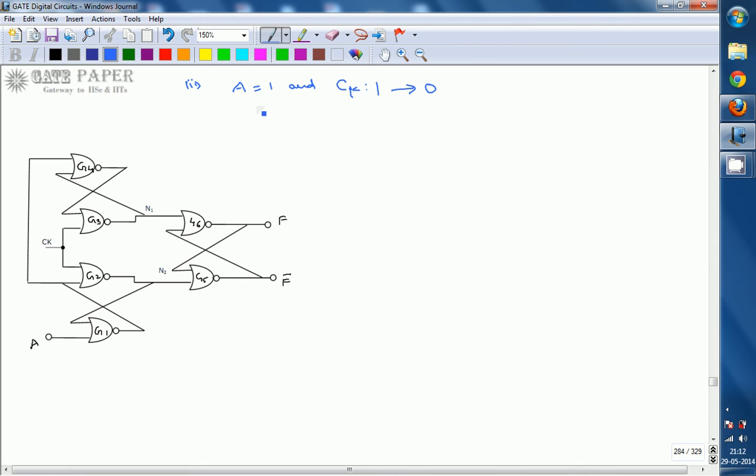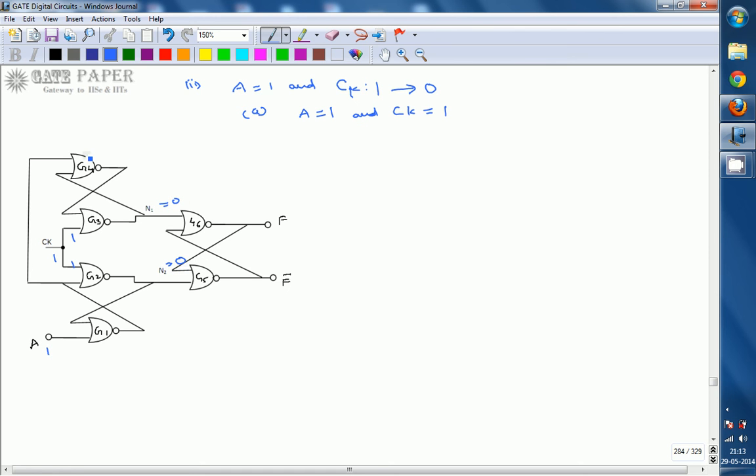So first in this one, first case, a is equal to 1 and ck is equal to 1, we will go with a is equal to 1, ck is equal to 1. First we will apply the inputs such that we will see what happens to the next states. ck is equal to 1, that implies nothing but, since the inputs for G3 and G2 are going to be at logic 1, n1 will be 0 and n2 will be 0.